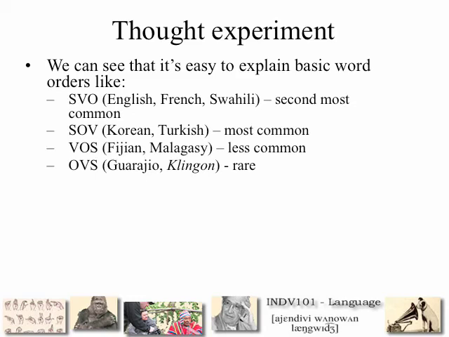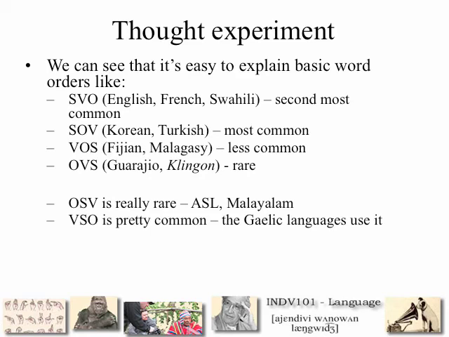There are 2 other possible word orders. We have OSV, which is really rare. American Sign Language has this word order, and also the Indian language Malayalam. But there's also VSO, which is a pretty common language. All the Gaelic languages use it, Irish Gaelic, Scots Gaelic.